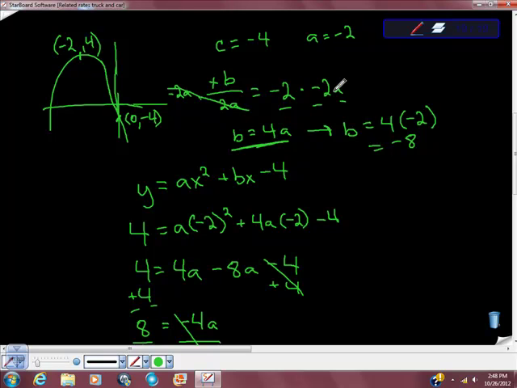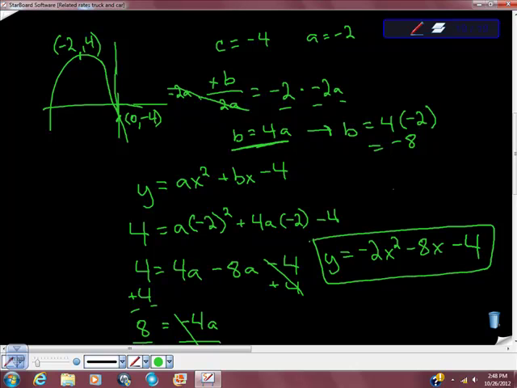So we put all these pieces together, and we're going to get y equals -2x squared minus 8x and minus 4. If you plug either of those points back into that equation, it'll solve and you'll come out with the proper y value if you plug in the x value, and vice versa.